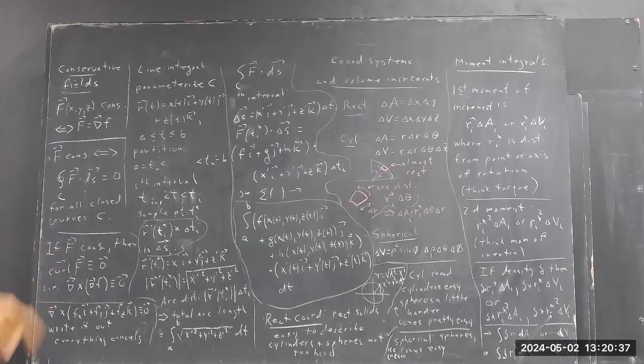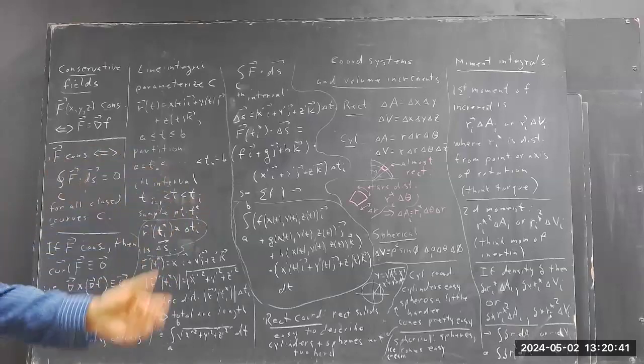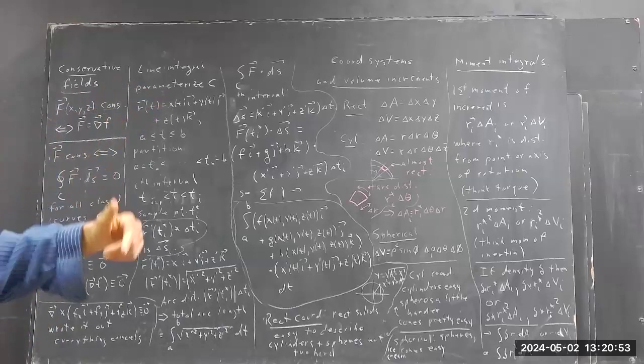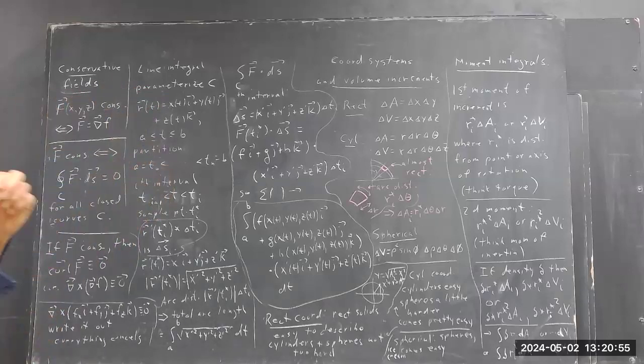If your function is conservative, then the curl is 0. We just did that last week or the week before. Just write out the symbols for the curl of the del. You've got i, j, k, partial with respect to x, partial with respect to y, partial with respect to z, Fx, Fy, Fz.